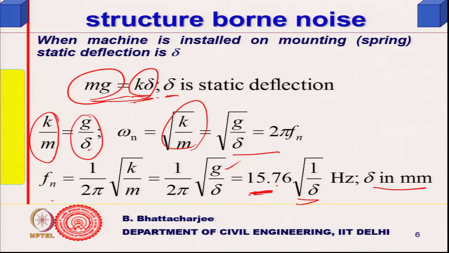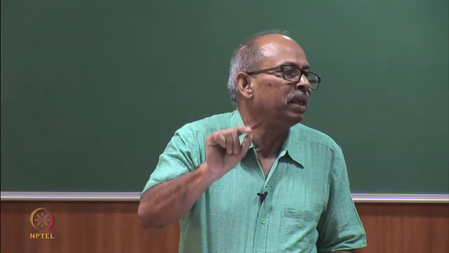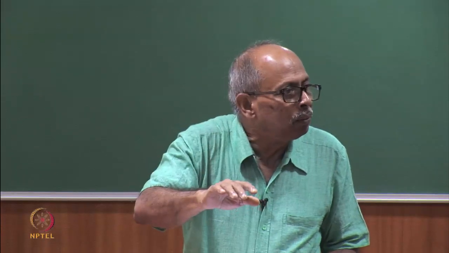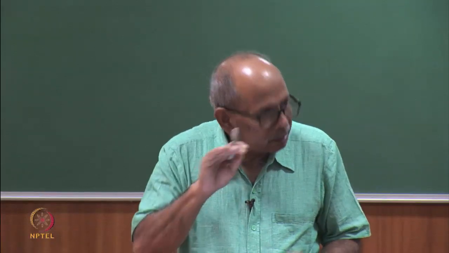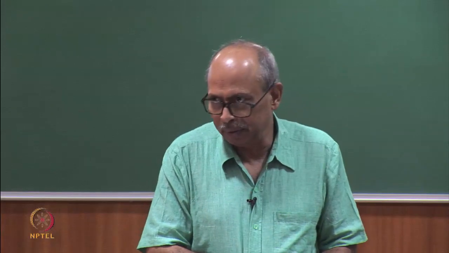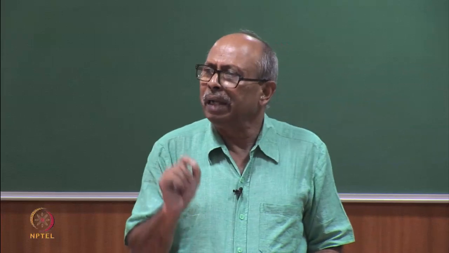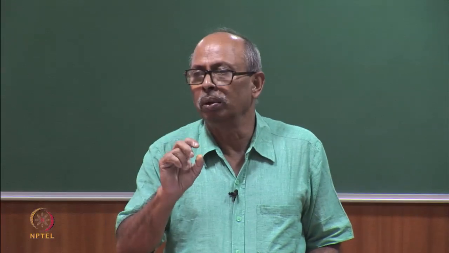So, if I know the deflection of the mounting, which I am modeling as a spring, when I have put in the load, then I can find out the static deflection, and then I can find out its natural frequency. Some ideas are given, delta as a function of omega n for various materials are known.